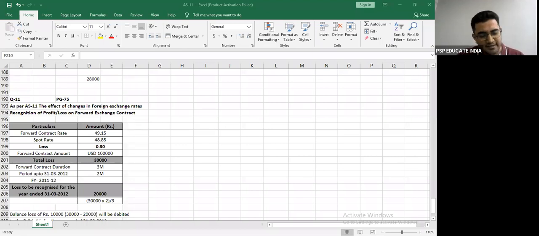Are you understanding? I understand that the rate today is 60. I know that the rate is going to increase, so I enter into a forward contract. I tell the bank that let's enter into a forward contract. Bank gives me forward contract rate to be 63 rupees. Now I will buy at 60, sell at 63. I will ultimately have a gain of rupees 3 per dollar.